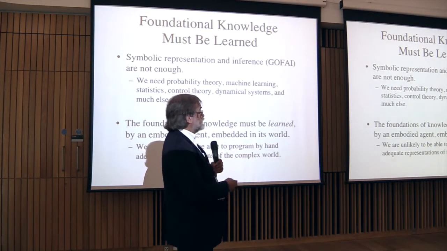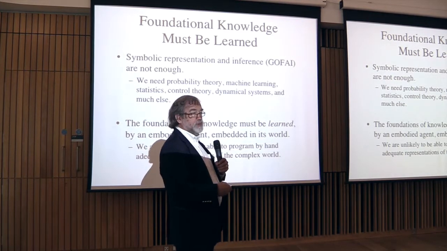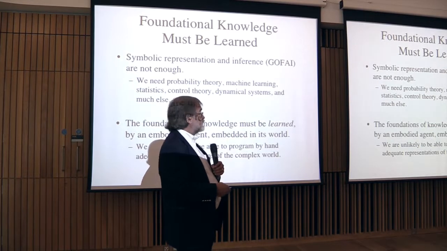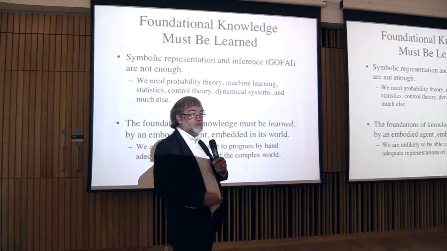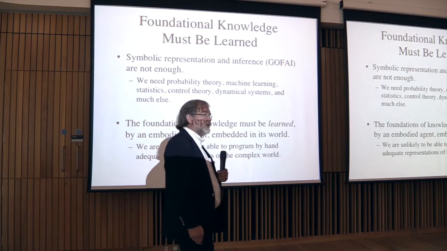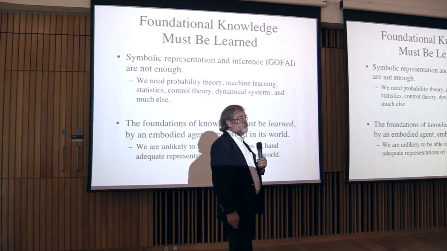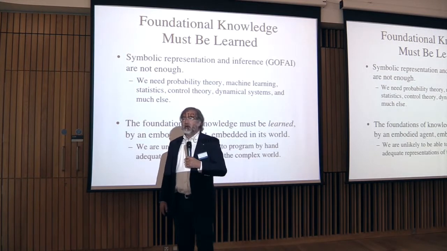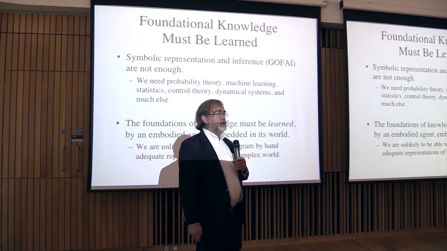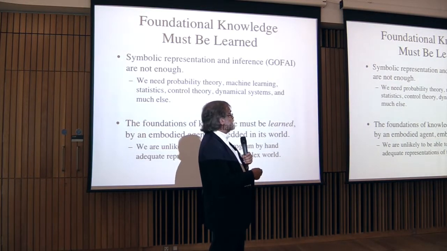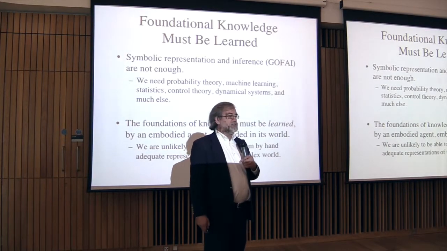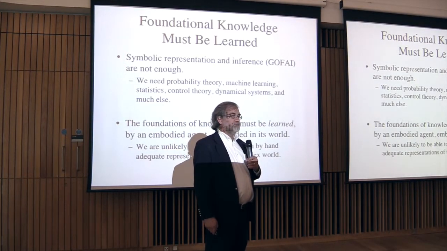And so we clearly need a bunch of other things that people are exploring a lot of now. And so we get probability theory, machine learning, control theory, dynamical systems, and so forth. Now, I think all of us who have been around for a while have gotten very familiar with the notion that people get all excited about a particular idea and say, this is the solution to all the world's problems.